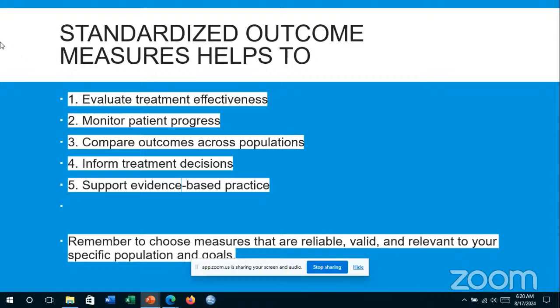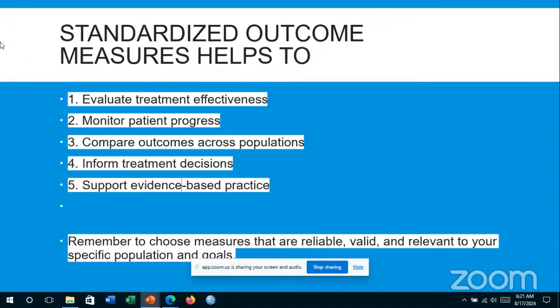So we have percentage change, which helps to calculate percentage changes in outcome measures over time. The standardized response mean also helps to calculate the mean change in the outcome measure divided by the standard deviation. Then the minimal clinically important difference, this is MCID.